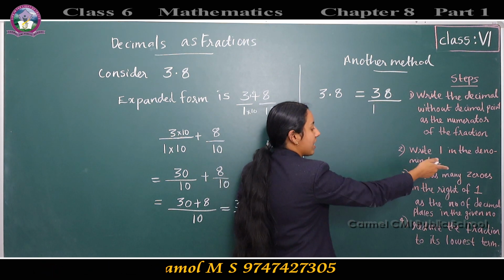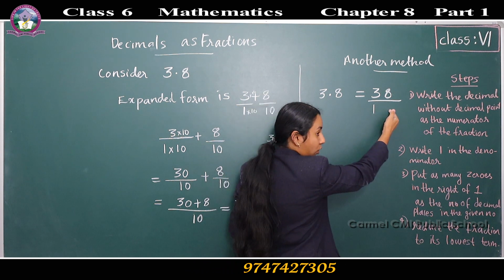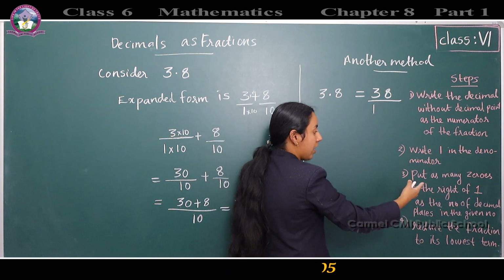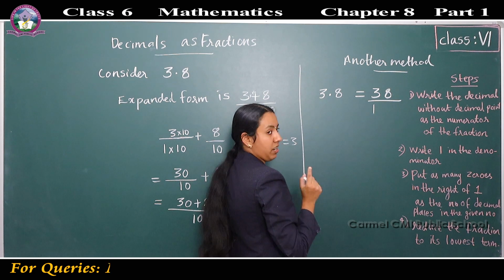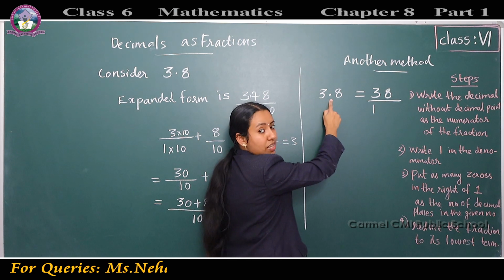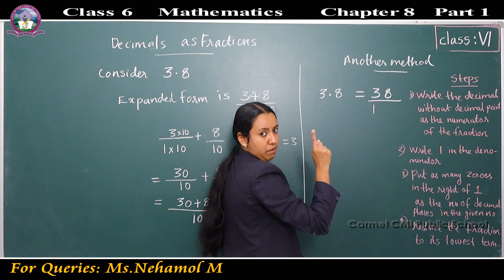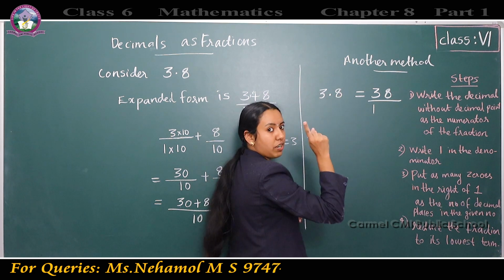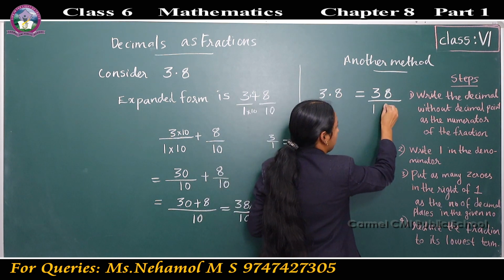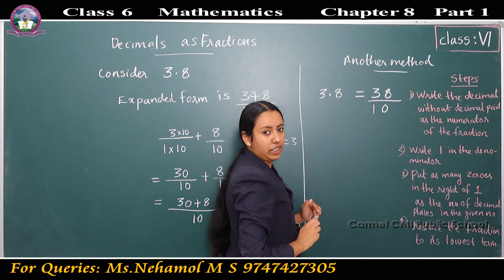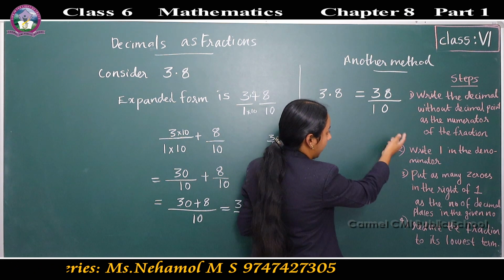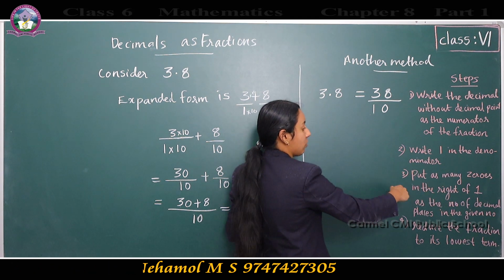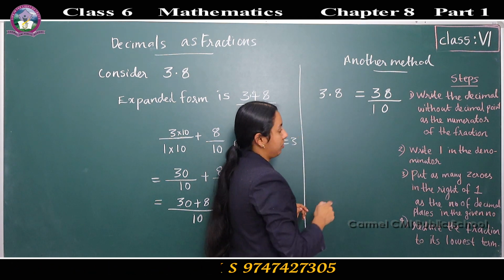Then put as many zeros to the right of 1 as the number of decimal places in the given number. How many decimal places are there? Only 1, after the decimal point. So we have to put one 0 in the denominator to the right of 1.